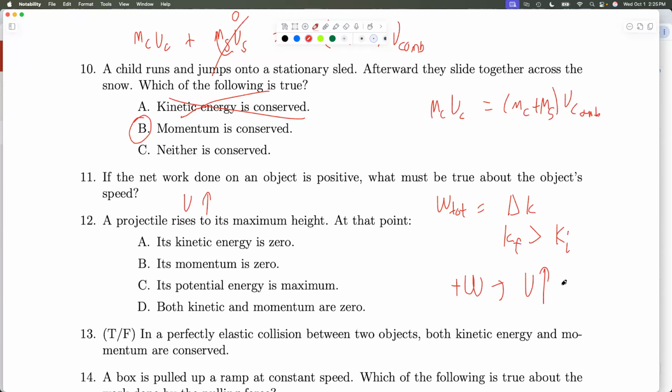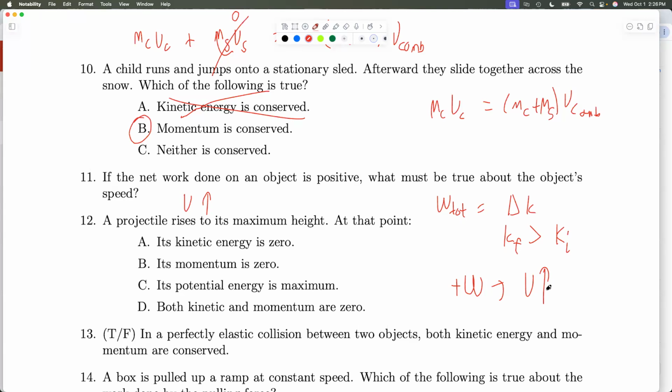I am personally doing work. I'm pushing straight up. It's moving straight up. But I'm doing it at constant speed. So I would not be increasing its speed. I would not be increasing its kinetic energy. I would be increasing its potential energy.